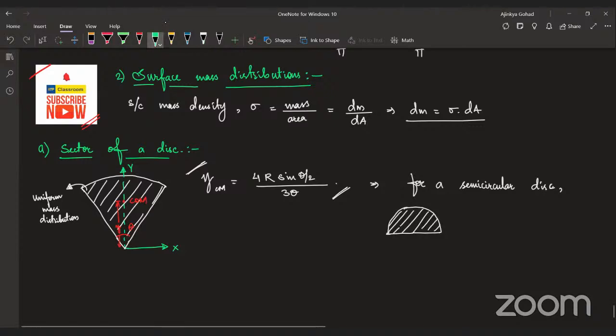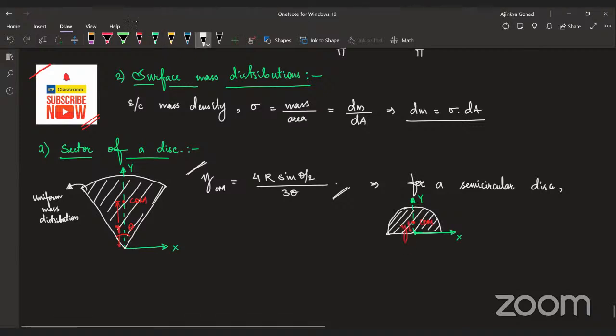Let's say this is the x-axis and this is the y-axis. The center of mass is going to lie on this axis itself, so we can find the position of the center of mass.